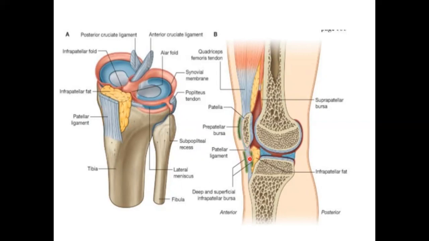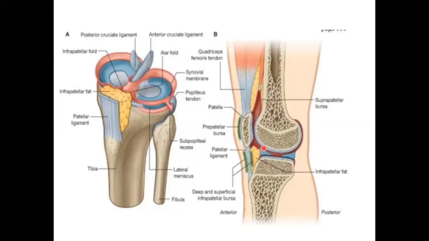Then the two bursae which are situated lower than the patella, these two are the infrapatellar bursae, in which one is superficial. This one is a superficial infrapatellar bursa, while the other one is the deep infrapatellar bursa.